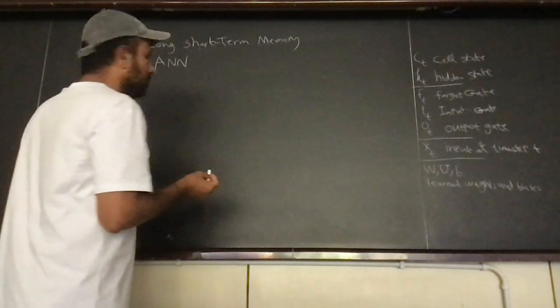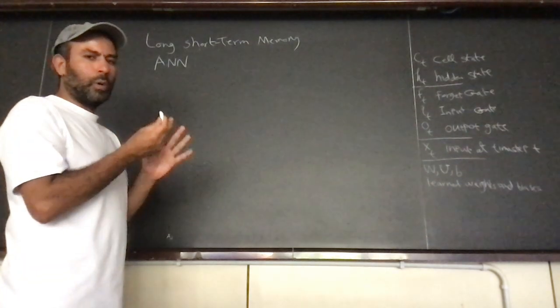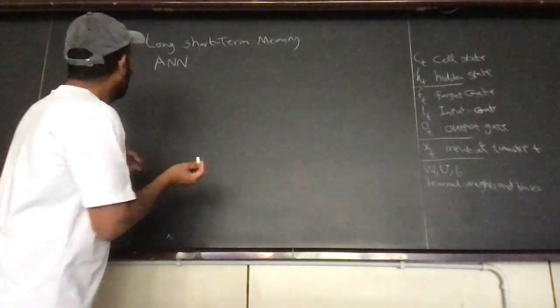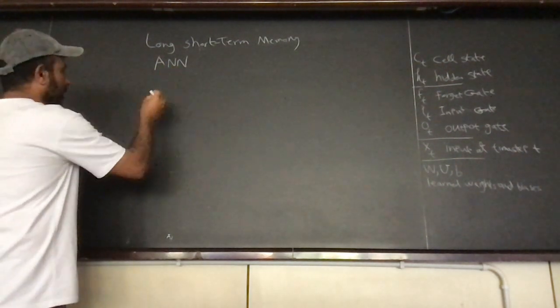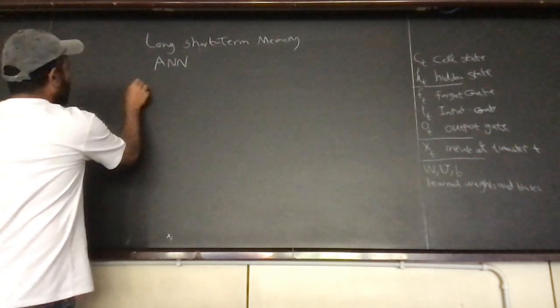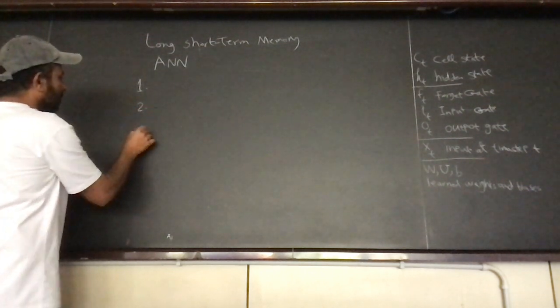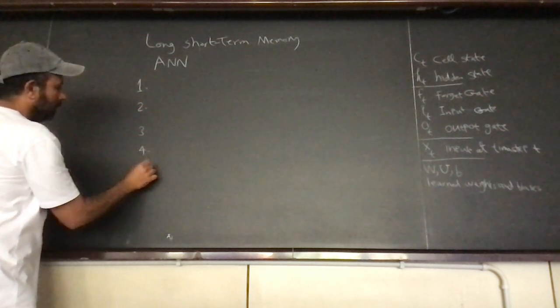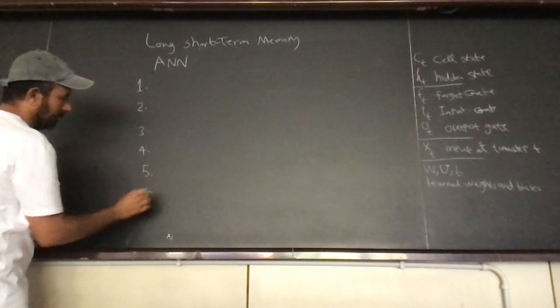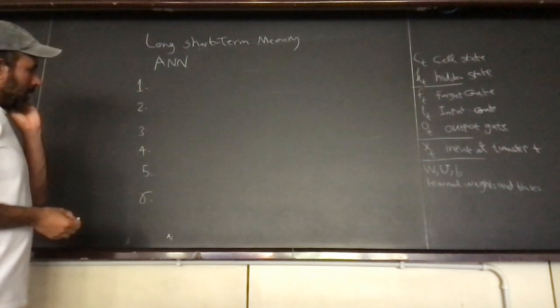Now let's start with the system of equations for this long short-term memory. We have said we have 6 equations: 1, 2, 3, 4, 5, and 6.